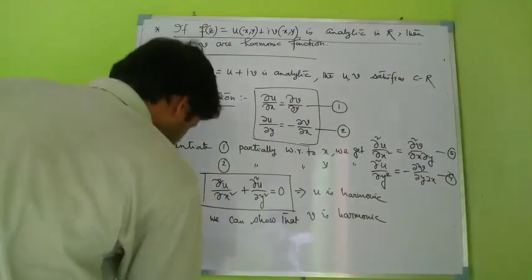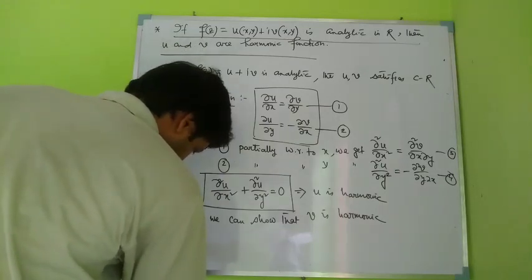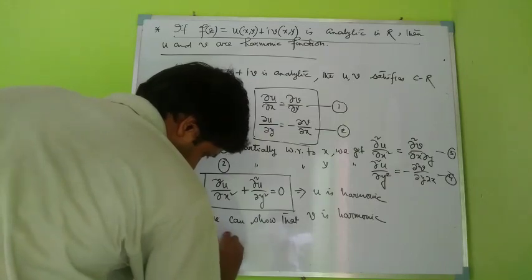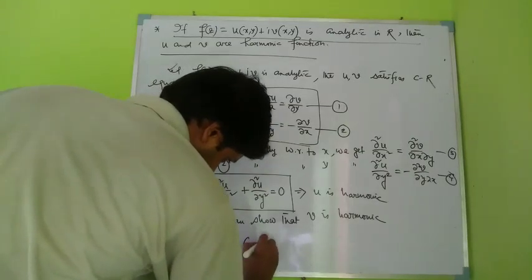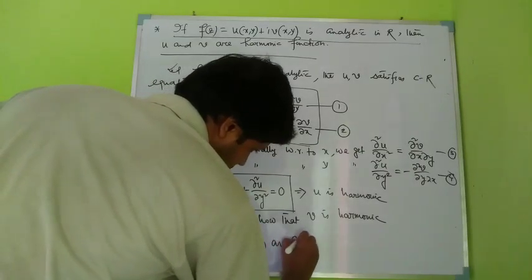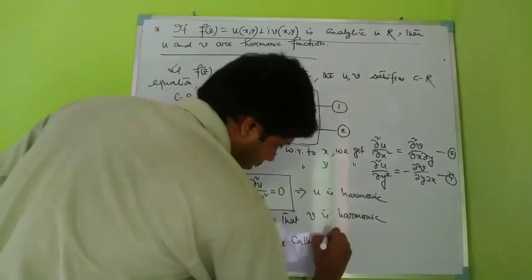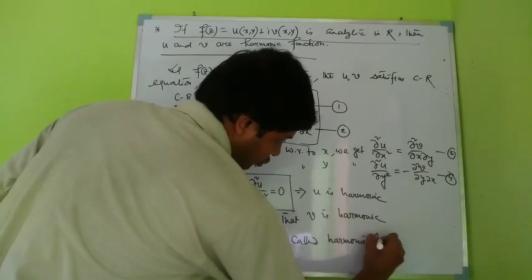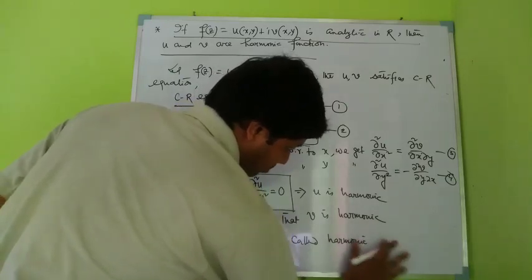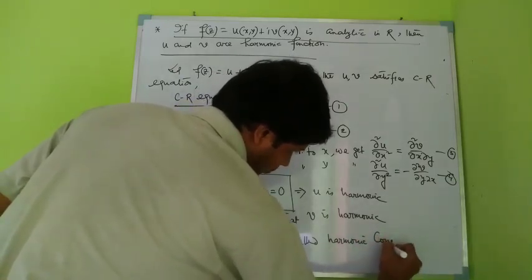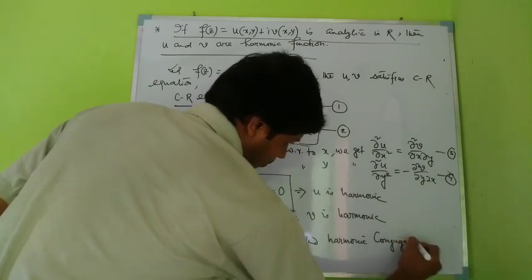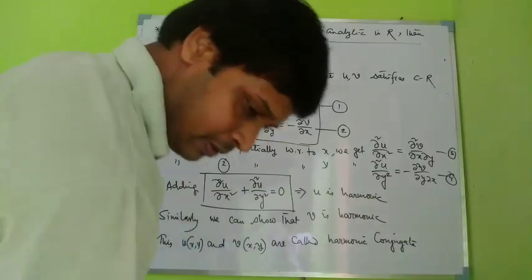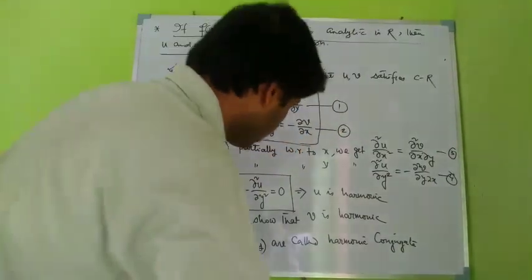u(x, y) and v(x, y) are called harmonic conjugates. So what is a harmonic conjugate?